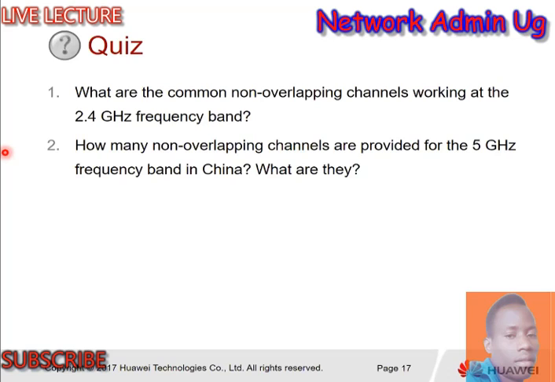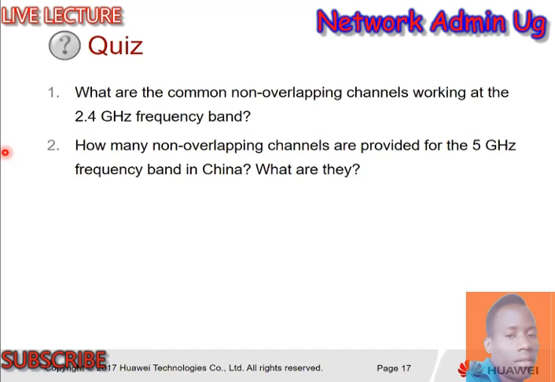Then, I think it was Emmanuel who was asking about the significance of the non-overlapping channels. We consider them to be the channels that are going to be used in the wireless technology to avoid all the interference that would have been caused by the channels being next to each other. So if you have non-overlapping channels, these channels can barely have interference.